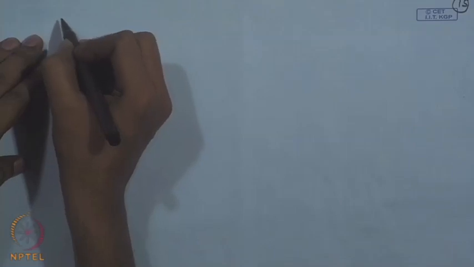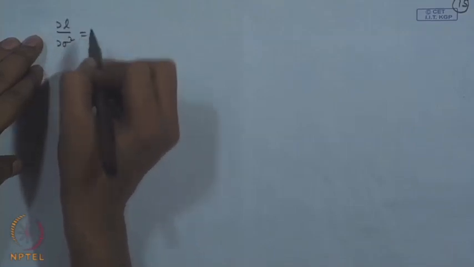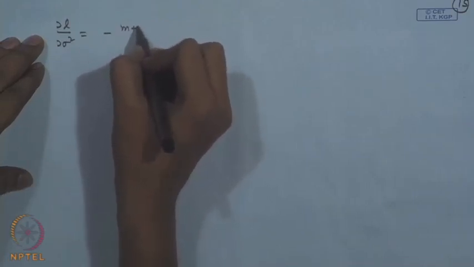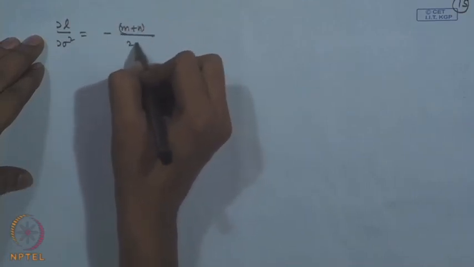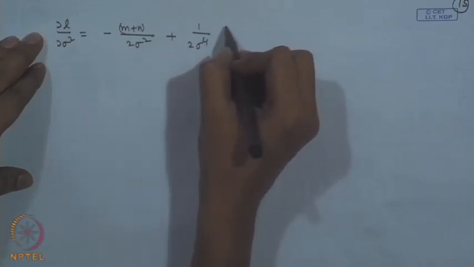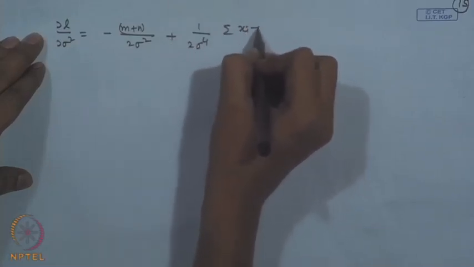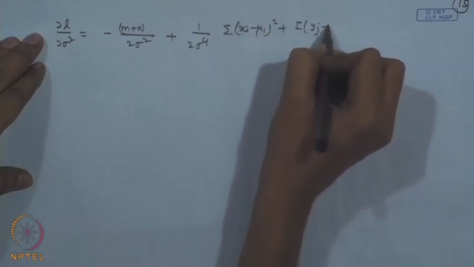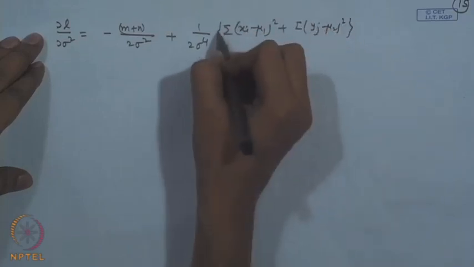Let us also consider the maximization with respect to sigma square. So, we get minus m plus n by 2 sigma square plus 1 by 2 sigma to the power 4, sigma x i minus mu 1 square plus sigma y j minus mu 2 square.